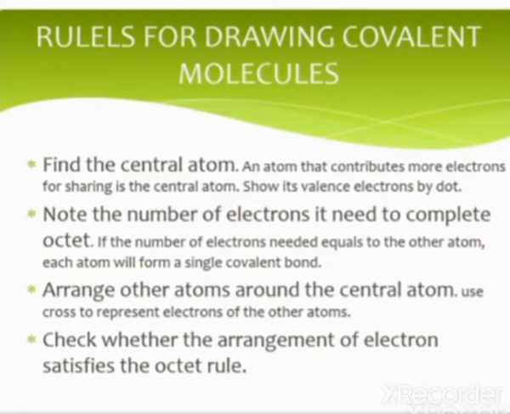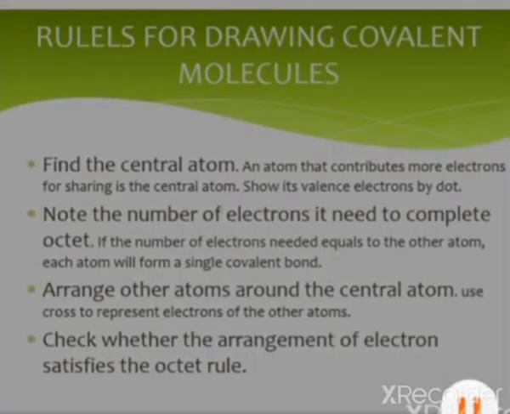If the number of electrons needed equals that of the other atom, each atom will form a single covalent bond. Arrange other atoms around the central atom. Use crosses to represent electrons of the other atoms. Check whether the arrangement of electrons satisfies the octet rule.